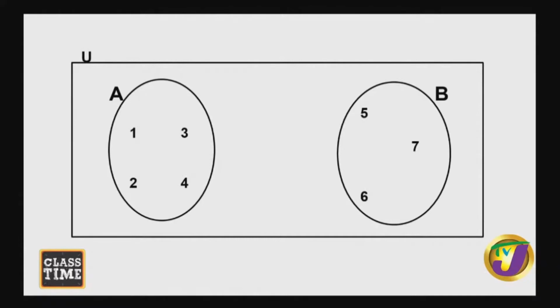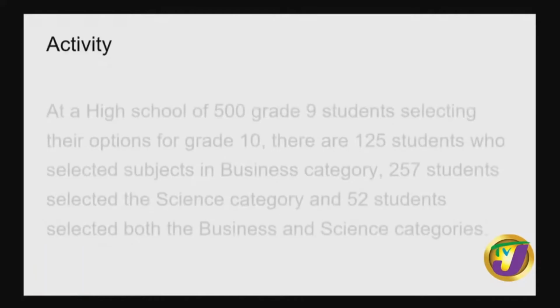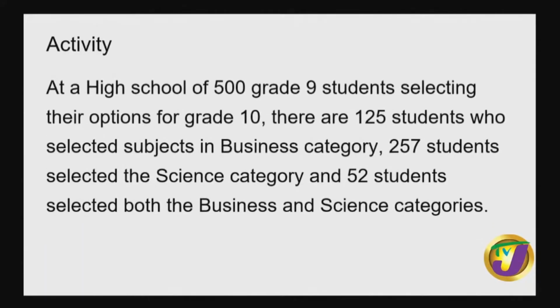I get that. Let's go a little bit further now. At a high school of 500 grade 9 students selecting their options for grade 10, there are 125 students who selected subjects in the business category. 257 students selected the science category, and 52 students selected both.